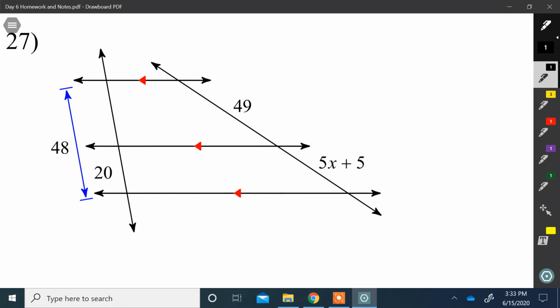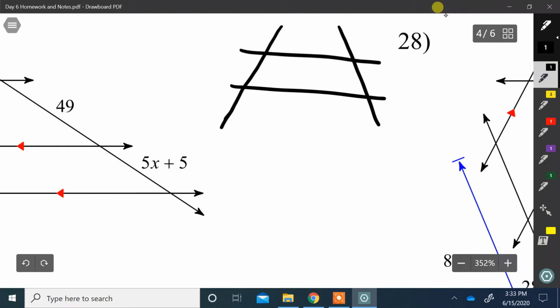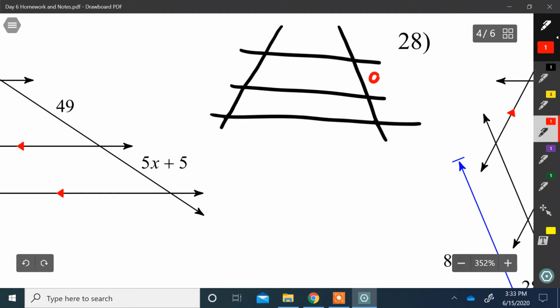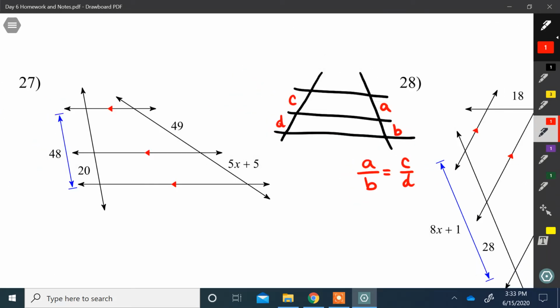Because we have those parallel lines, what that means is that whenever you have two transversals like this, and you have those parallel lines, and this is A, and this is B, and this is C, and this is D, then A is proportional to B, and C is proportional to D. So that's what we have to apply.